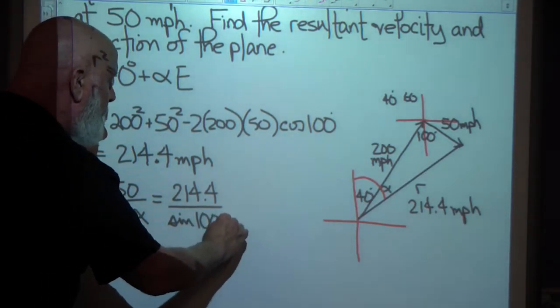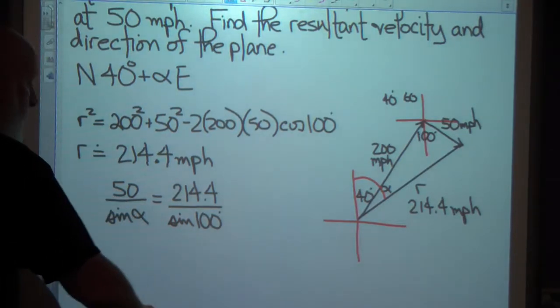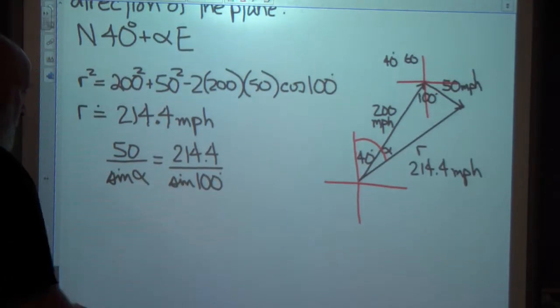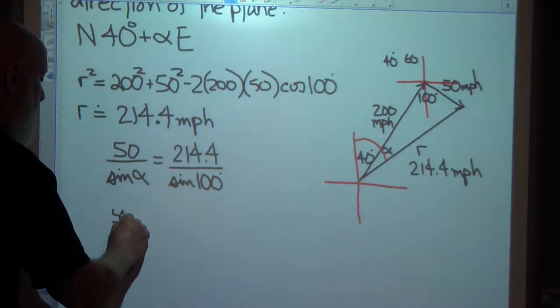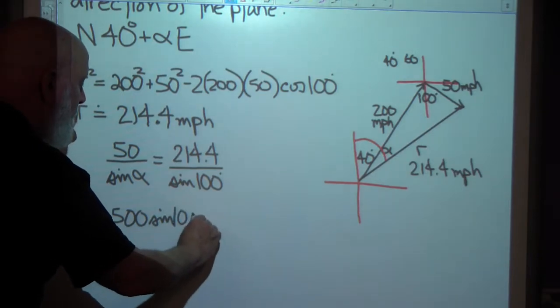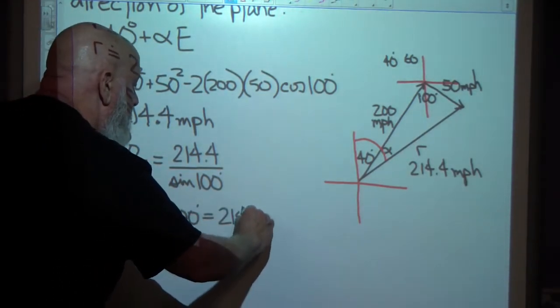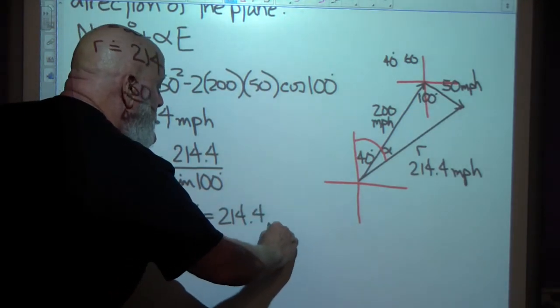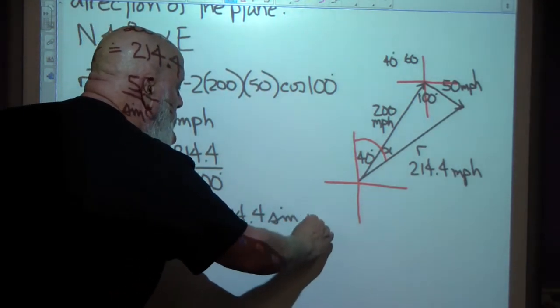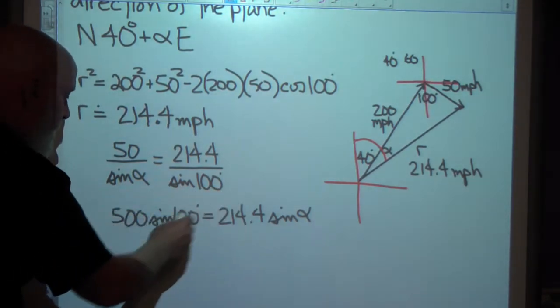Hopefully I haven't made any mistakes. I'm going to cross multiply: 50 sine 100 is equal to 214.4 sine alpha. So dividing both sides by 214.4, we'll solve it for sine alpha.